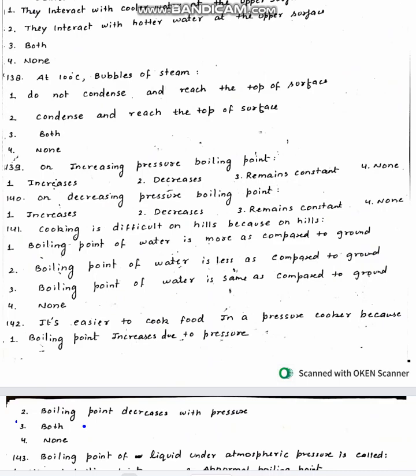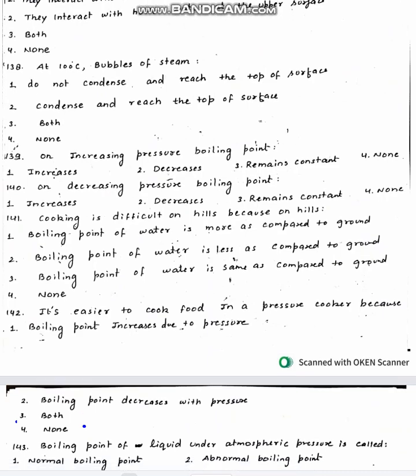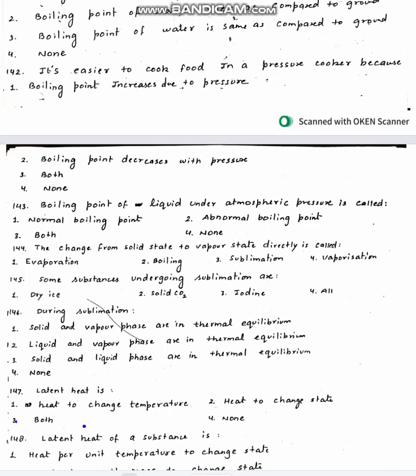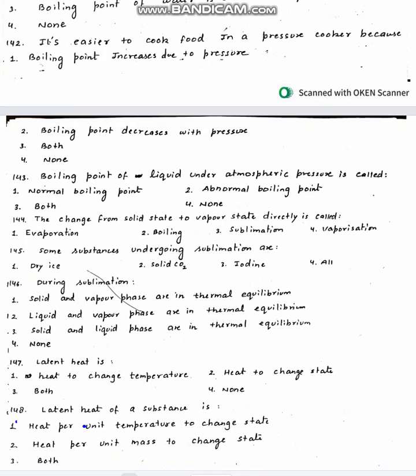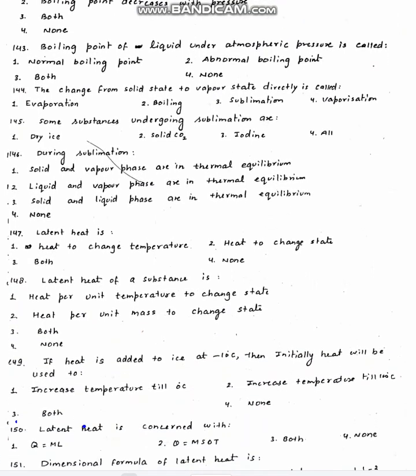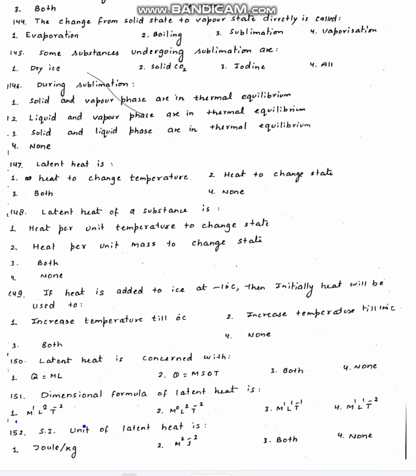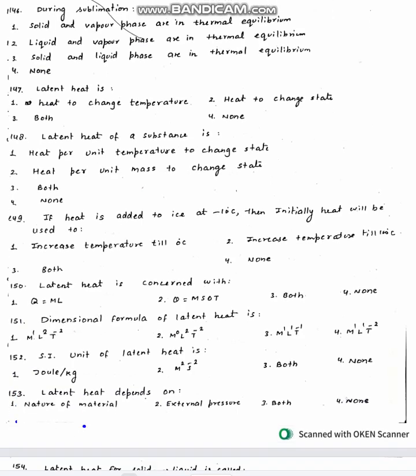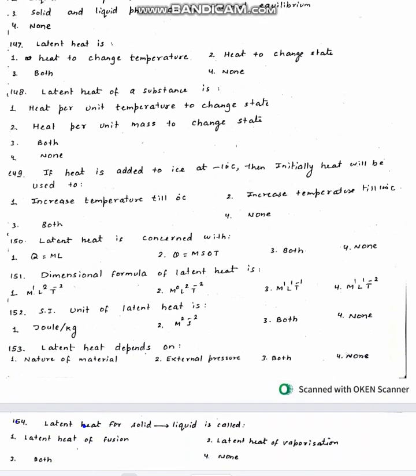Then declination in boiling point, pressure cooker concept, change from solid to vapor state, sublimation, during sublimation, latent heat dependency, transfer or transition of matter from ice into steam, and latent heat.